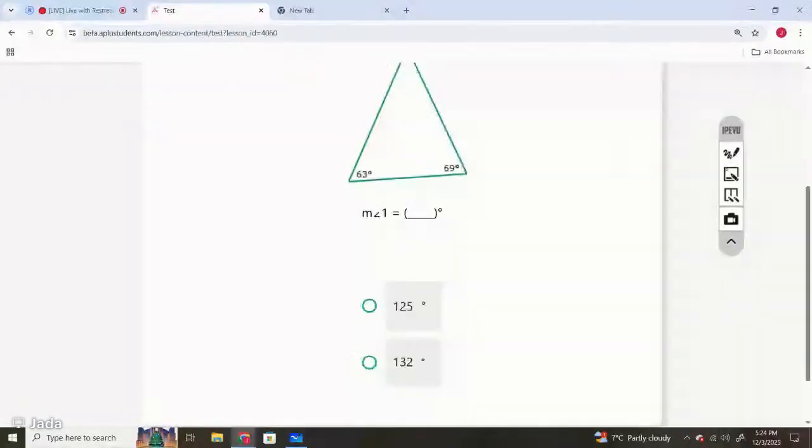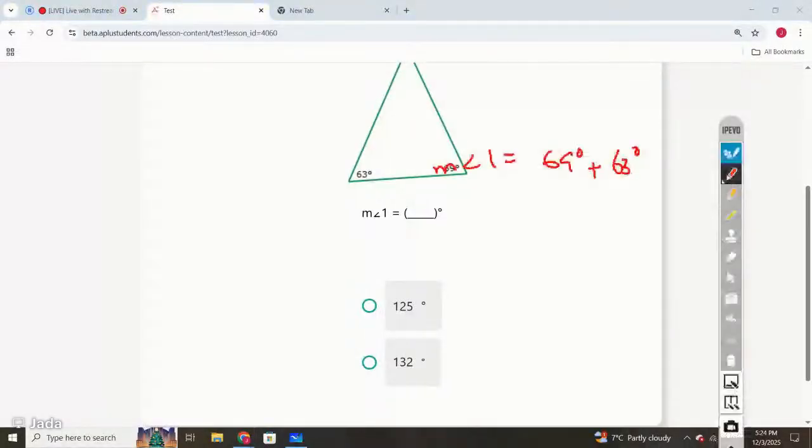So the sum of the remote interior angles is the measurement of angle 1.